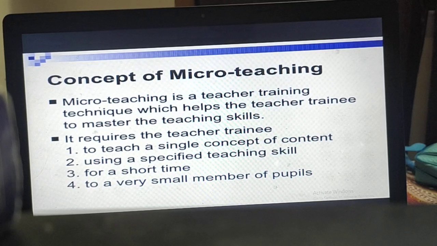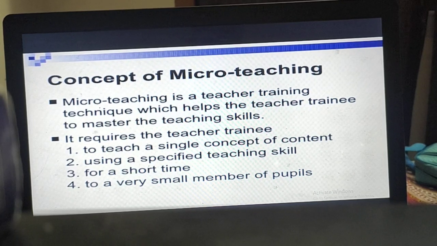When teachers practice their skills, they have to select one content or one subunit and practice different types of skills for a short time.